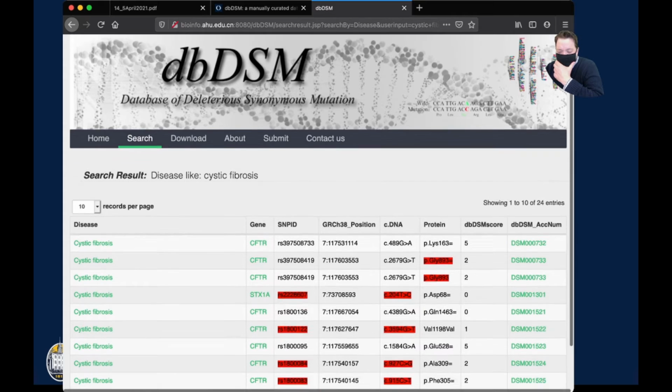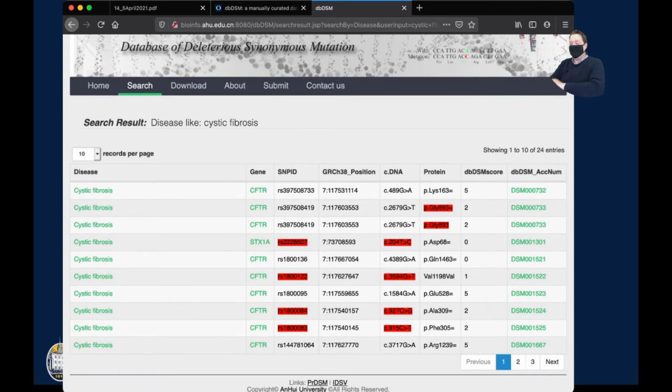And here we go. These are genes for which silent mutations have been recorded. We must respect this data because this data represents suffering, loss of life perhaps, but certainly suffering.